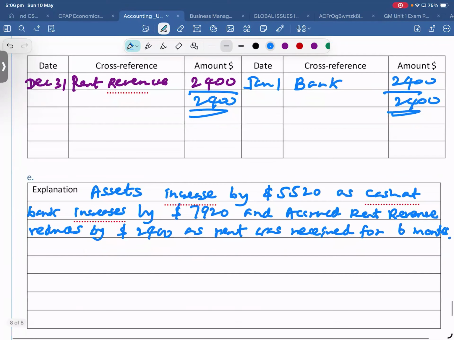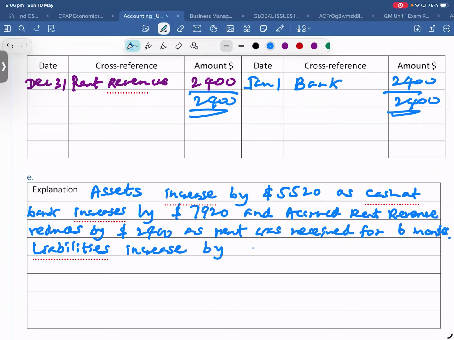Right? Next one, liabilities increase by 4,080. No, not 4,080, sorry.